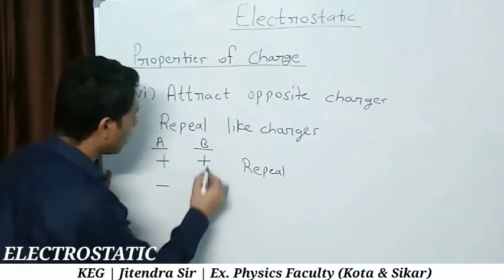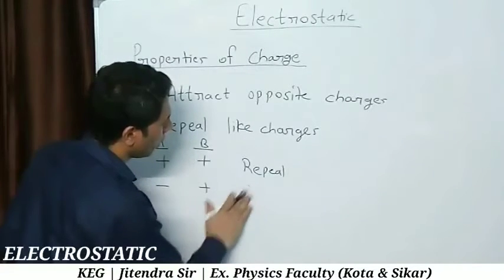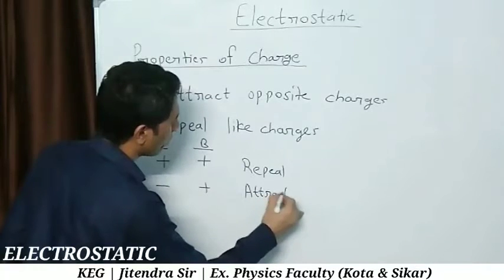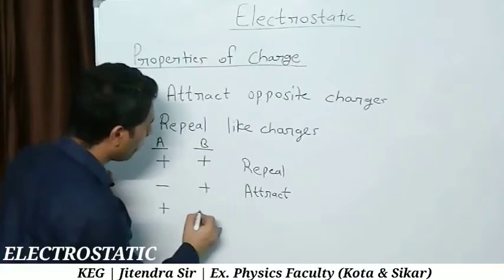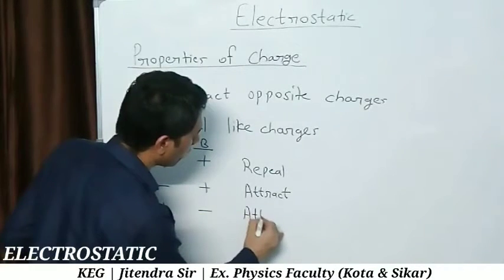Body A having negative charge and body B having positive charge, then they attract each other. Body A having positive charge and body B having negative charge, then they attract each other.